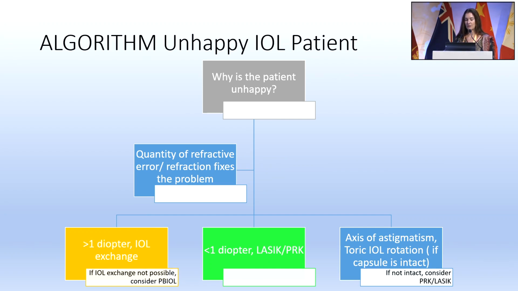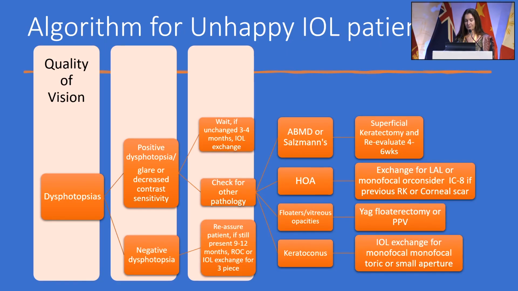If the capsule is not intact, then you could also consider PRK or LASIK in this situation. If it's a quality of vision, decide what the issue is. If it's a negative dysphotopsia, usually gentle reassurance helps, and if not, then a reverse optic capture or consider an IOL exchange. If it's a positive dysphotopsia or contrast or glare issue, you can wait a few months.